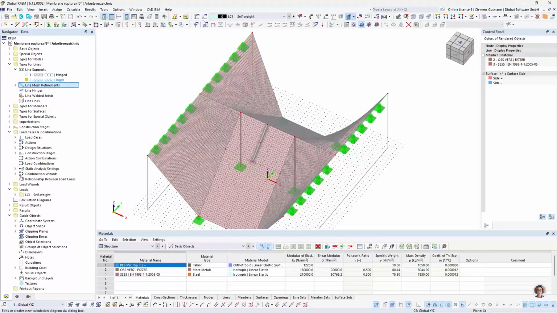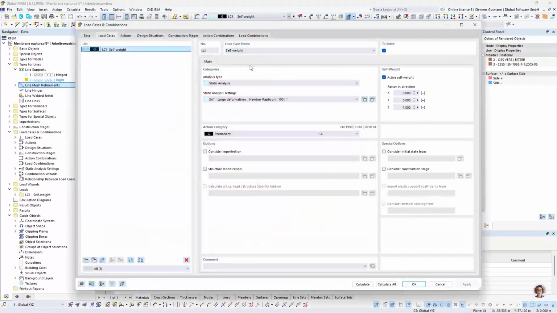Okay, let's proceed with the loading. So the first load will be the form finding loads.